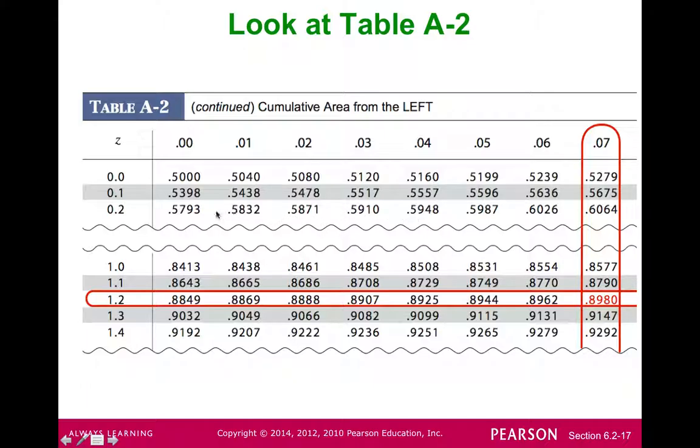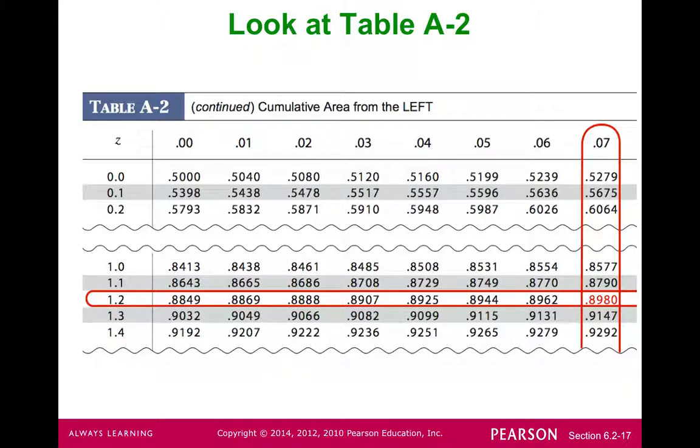So if I go all the way to the left, I see it's 0.2. And if I go above, it's 0.04. So this area or probability of 0.5948 corresponds to a z-score of 0.24.